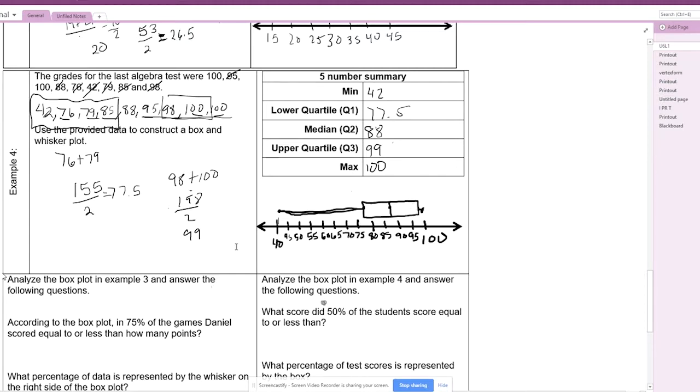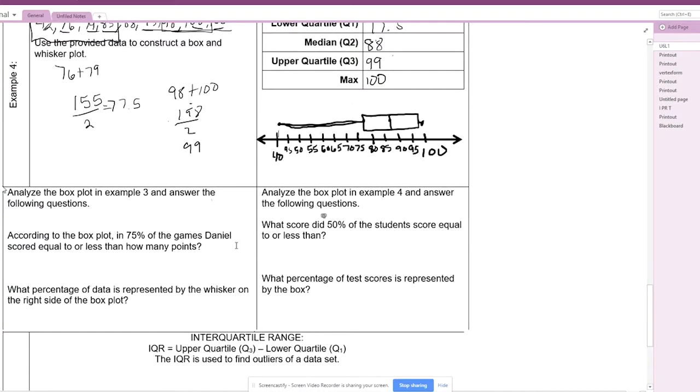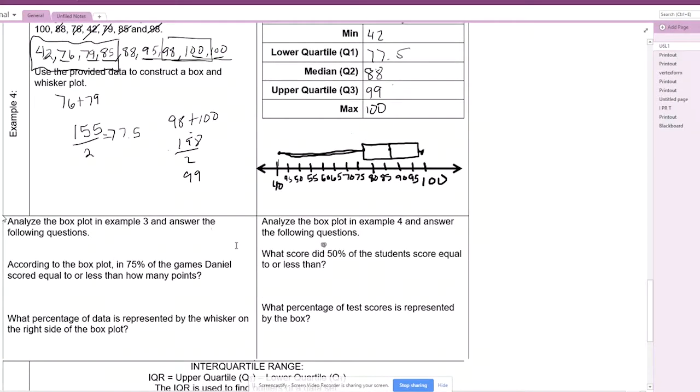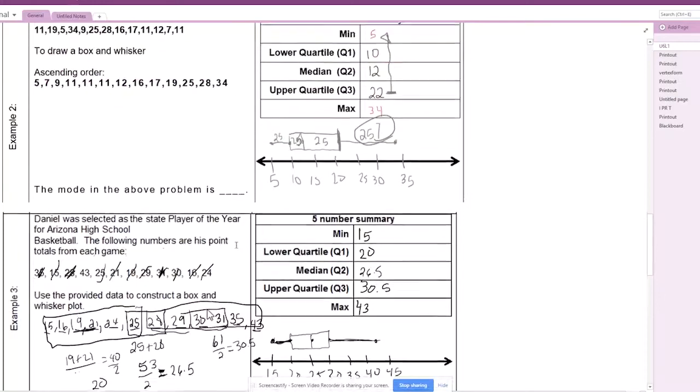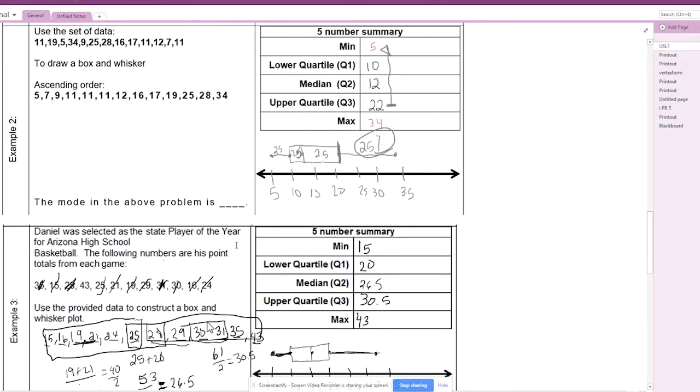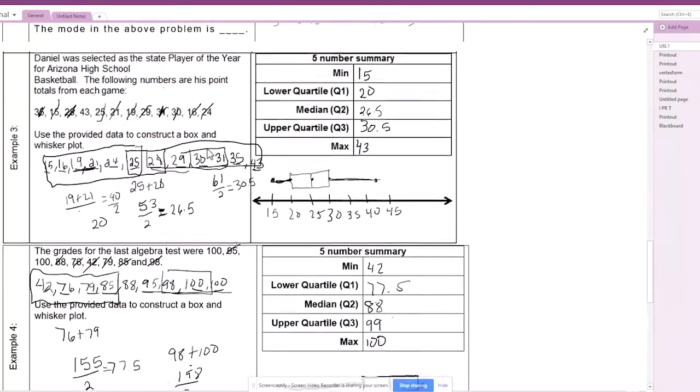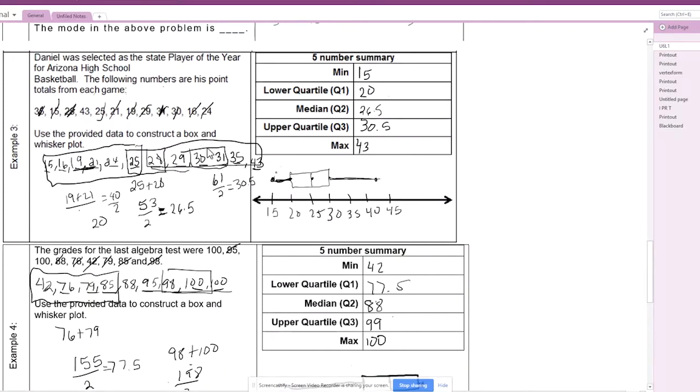Now let's answer these questions. According to the box plot, 75% of the games Daniel scored equal to or less than how many points? So less than something. So we're going to start at the left. So we're going to look here at Daniel. Okay, so 75. Each of these counts as 25.